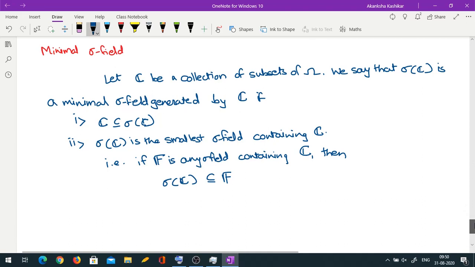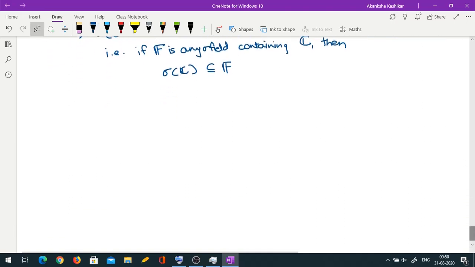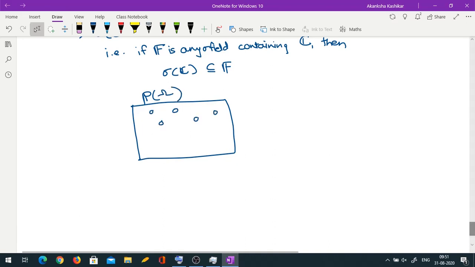Okay. So let me try to explain what it exactly means. Suppose this is the power set of omega. Power set of omega means its elements are actually subsets of omega. All these are subsets of omega.